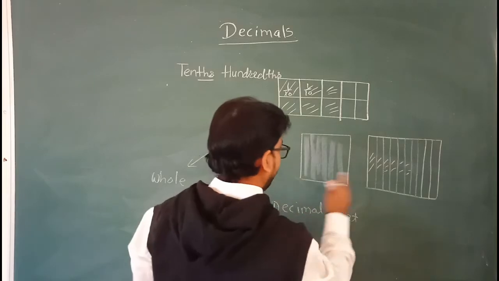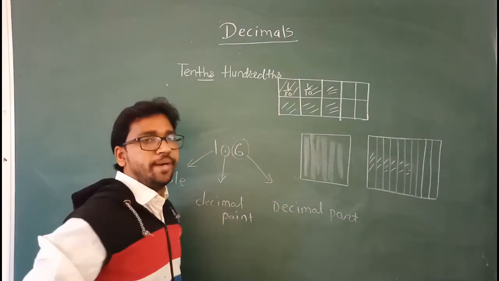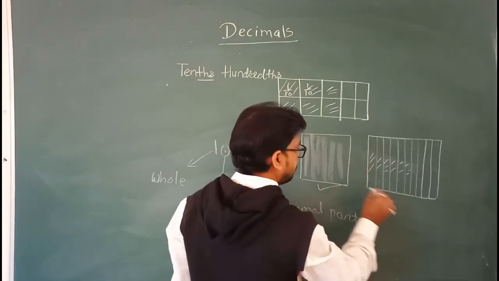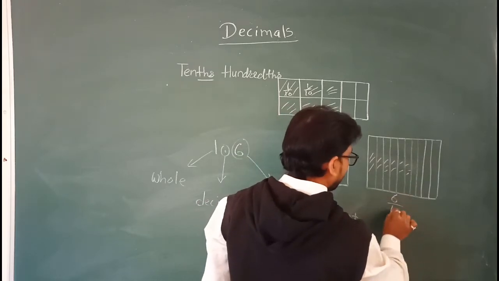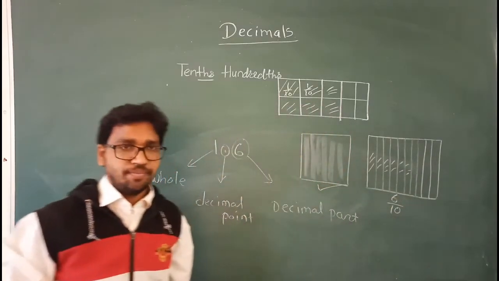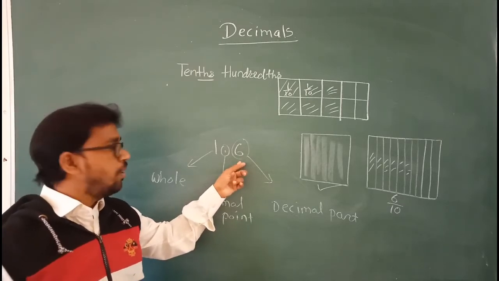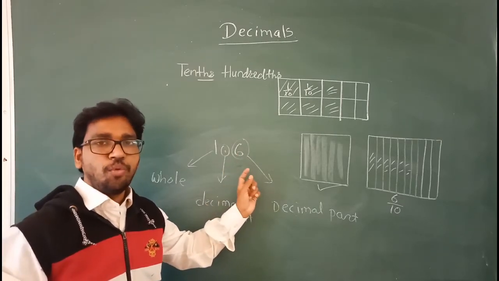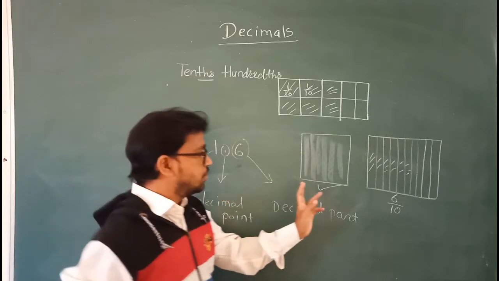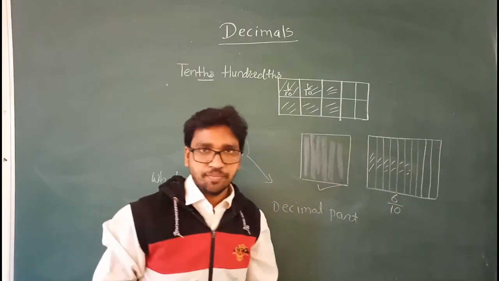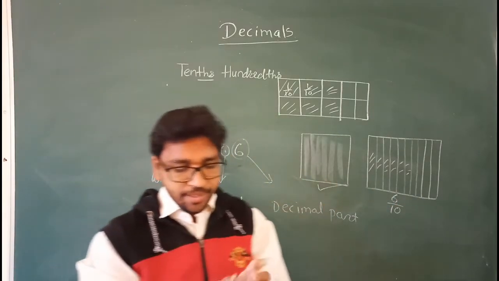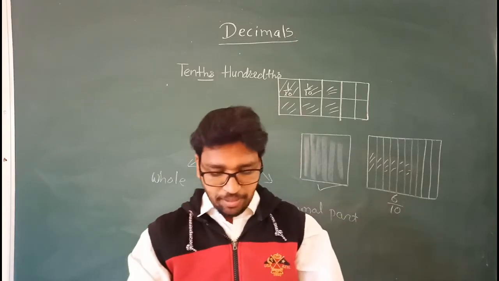Okay, so it is nothing but 1.6. One whole and 6 tenths. Tenths means what? 0.6. Okay, so it is 1.6. So these are the parts of a decimal number.